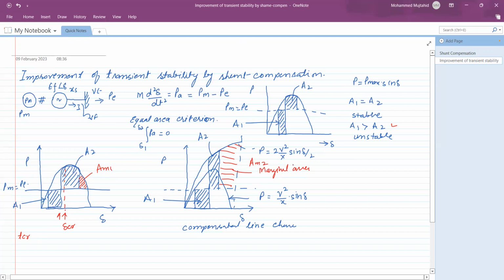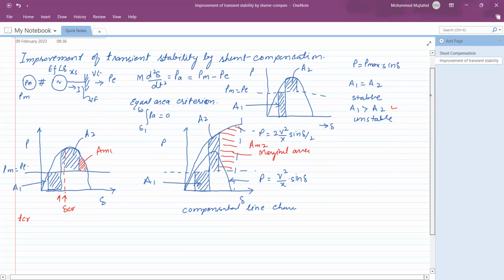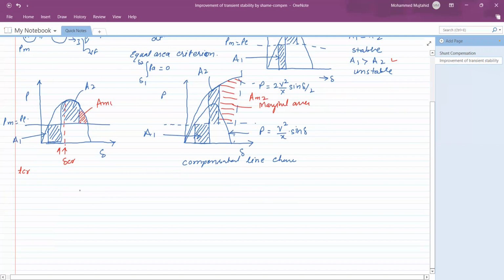Under such conditions, one may see that the transient stability of the transmission line can be increased by a very large amount with the help of shunt compensation. So these are some applications of shunt compensation in the transmission line.